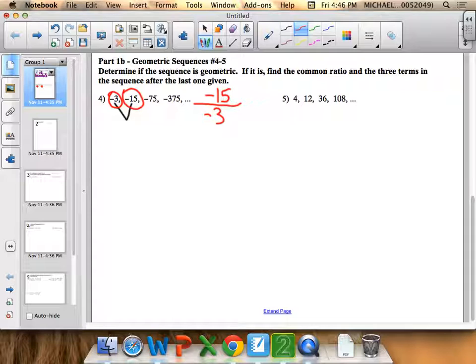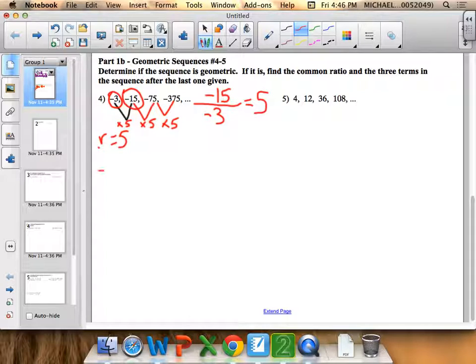That just doesn't make sense, and so I know that we're being multiplied here. Negative 15 divided by negative 3 is 5. So that means that the common ratio is 5. All of these are being multiplied by 5 to get to the next number. So the ratio is 5, right there.